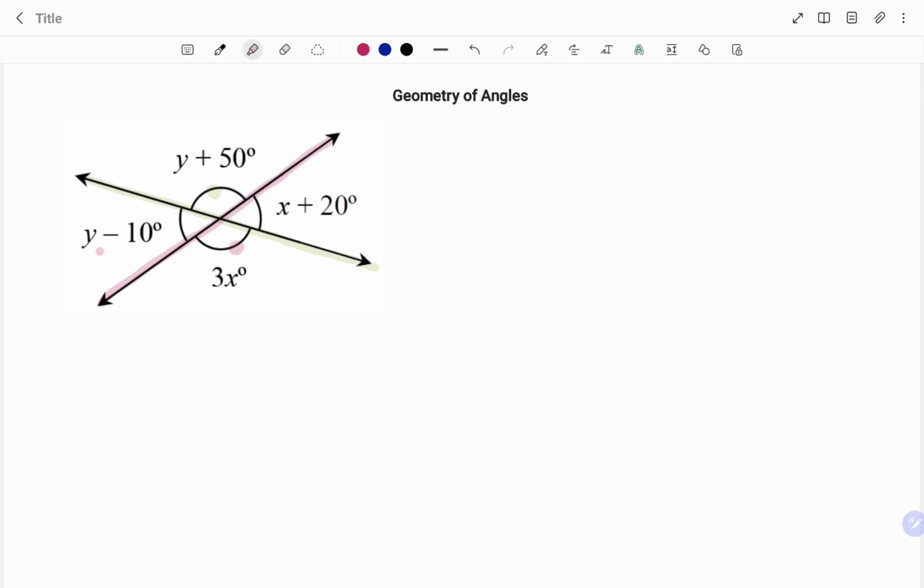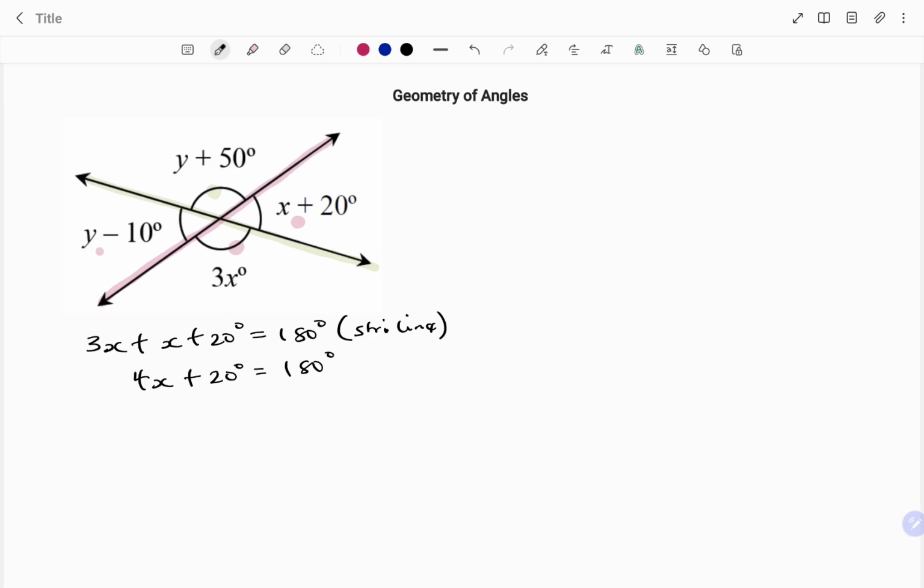I have my 3x and x plus 20. 3x plus x plus 20 degrees is equal to 180 degrees. The reason being, the sum of angles on a straight line add up to 180 degrees. Collecting like terms, I have 4x plus 20 degrees equals 180 degrees.